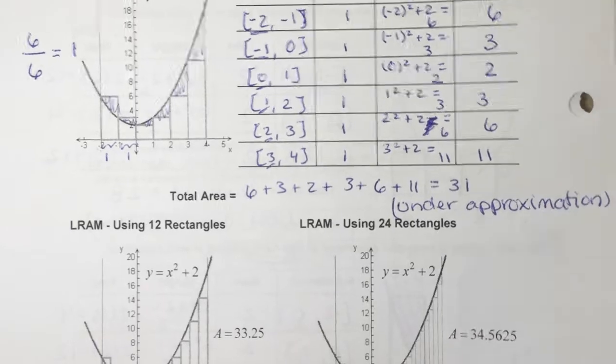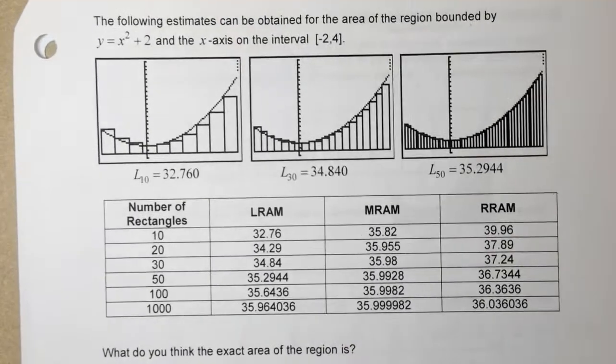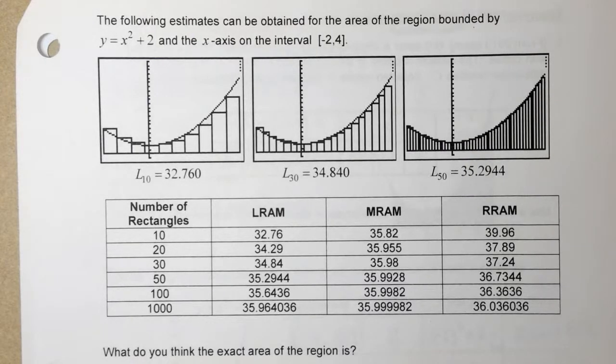So if you look on the next page, it says the following estimates can be obtained for the area of the region bounded by x squared plus 2 and the x-axis on the interval -2 to 4. So this is still the same graph that we've been looking at. Now we're just looking at various numbers of triangles, and we're looking at both the left, the middle, and the right Riemann sum.